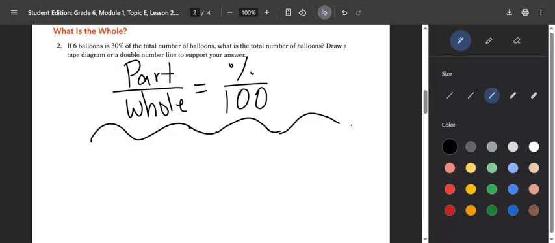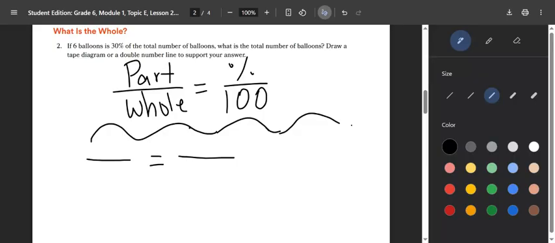I'm just going to use our model that we've got right here. Part over whole equals percent over 100. We can do any of those, any that you would like. I just think that this model is a surefire way to find the missing piece and figure it out.